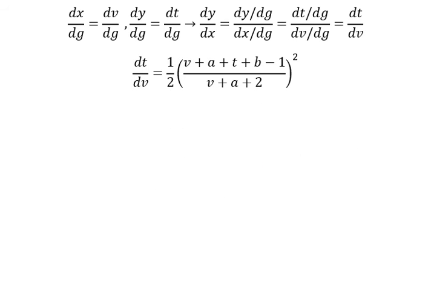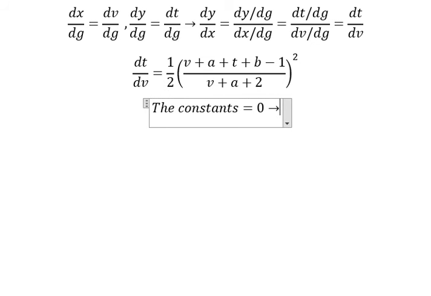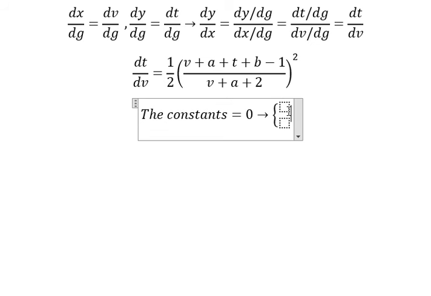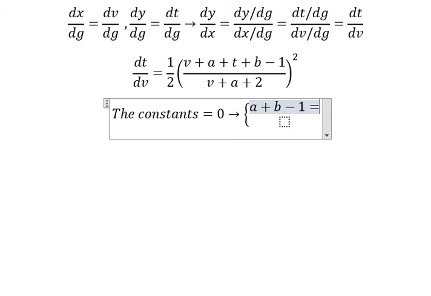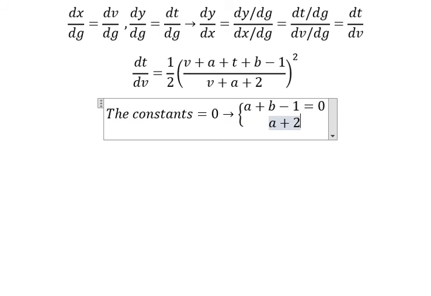So because we want to create a homogeneous equation, that means the constants should be equal to number 0. So a plus b minus number 1 equals number 0. So a plus 2 equals number 0.